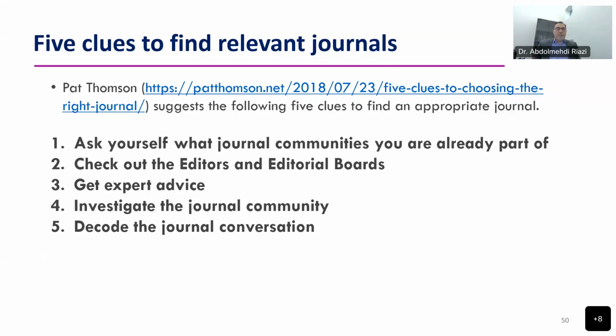So although the editors and editorial boards might not be familiar to us, we can see that we have been able to download some of the articles published in these journals, and therefore the community of writers, the authors and contributors to this journal, are relevant to our field of study, and therefore they could be shortlisted as potential journals. And the fifth one is decode the journal conversation.